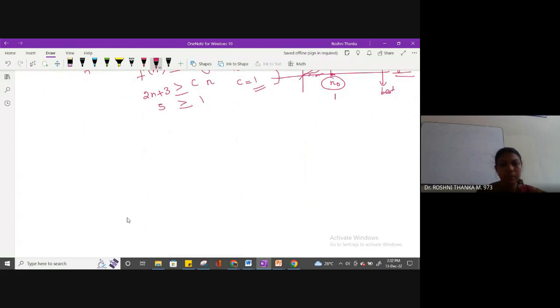And the next one is theta. Theta will help you find the average case. So how is the average case represented?